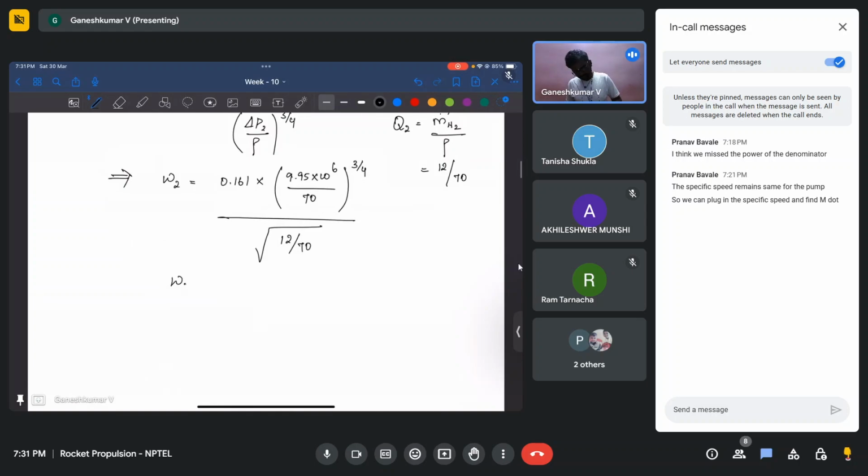So this will give us omega 2, and once you find omega 2, you can find N2 also. I directly got N2 as 29773 RPM. All right.